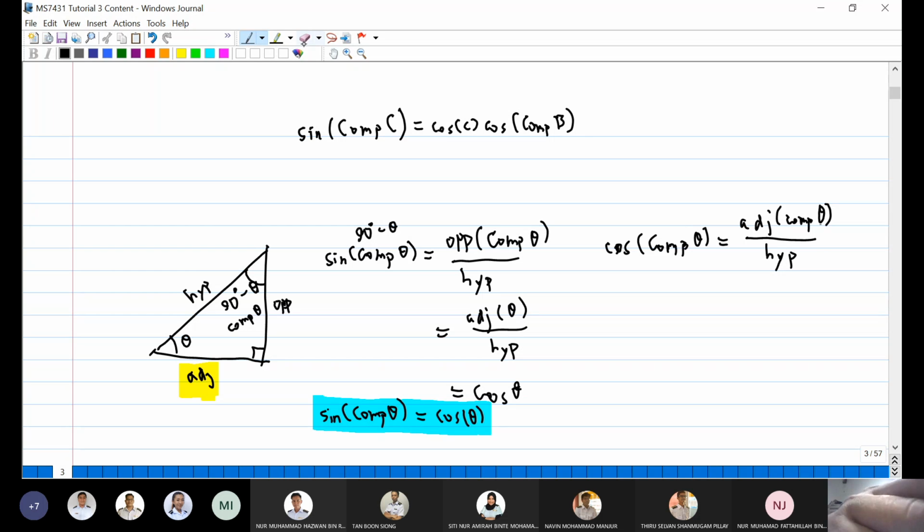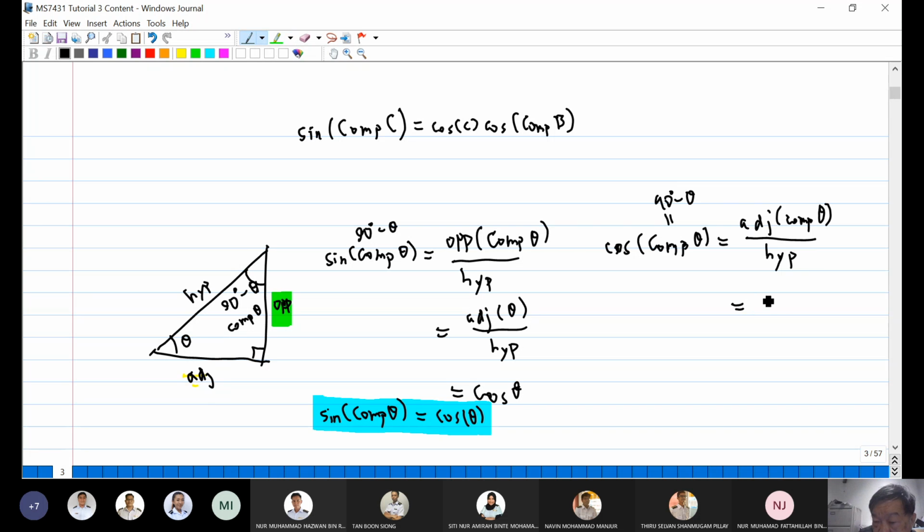Now where is the adjacent of co-theta? The adjacent of 90 minus theta is actually on the opposite side of theta here.